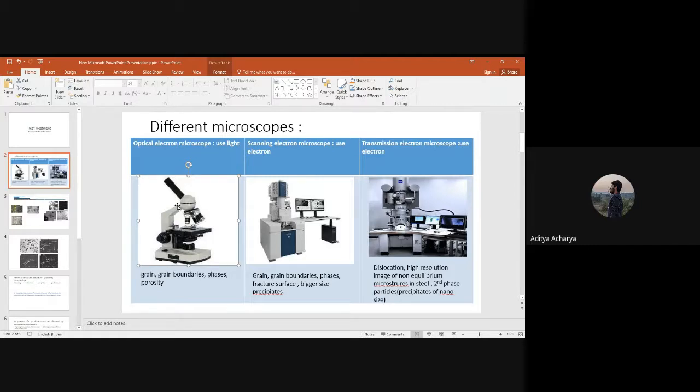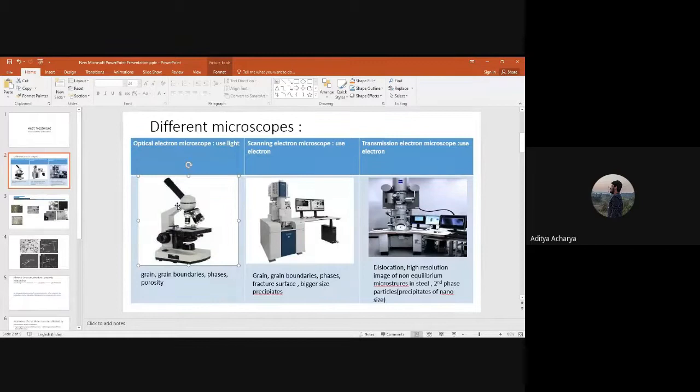And after that we find what kind of microstructures and nanostructures are present in our materials. Basically, I'm talking about our crystalline materials, because we are dealing with metals, alloys, and ceramics, right? So all are crystalline materials.